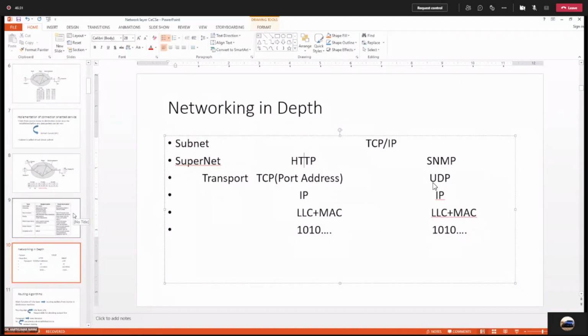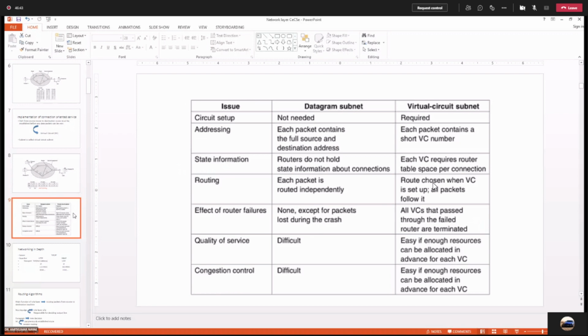So now you have an idea about when the connection becomes connection oriented and when it becomes connection less. Can you explain any two issues related to connection less communication and connection oriented communication?